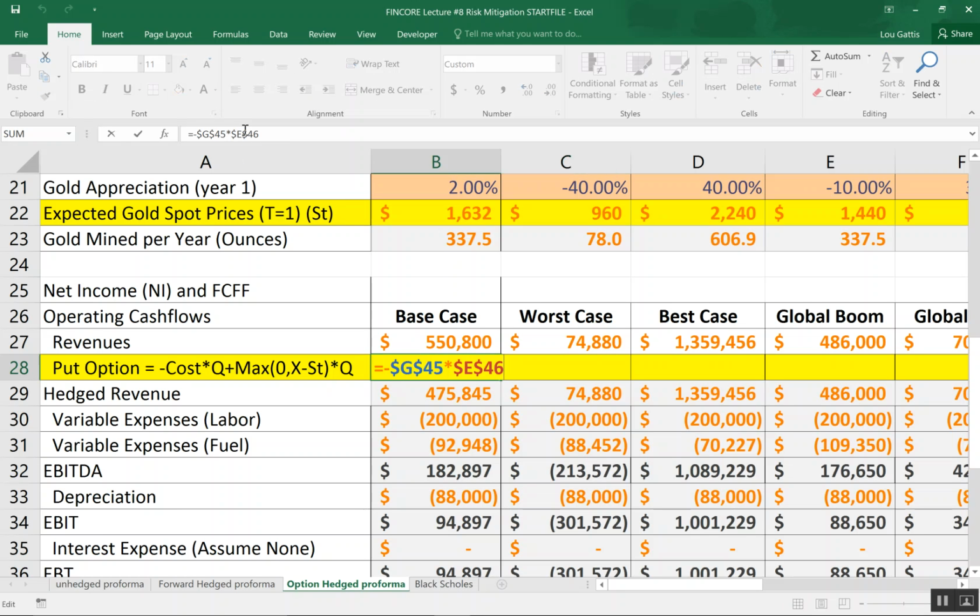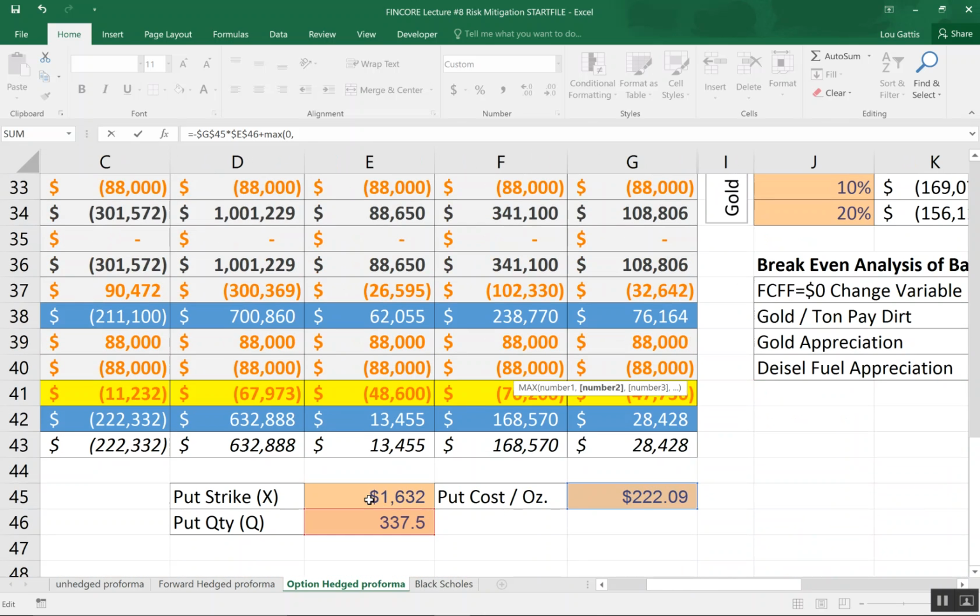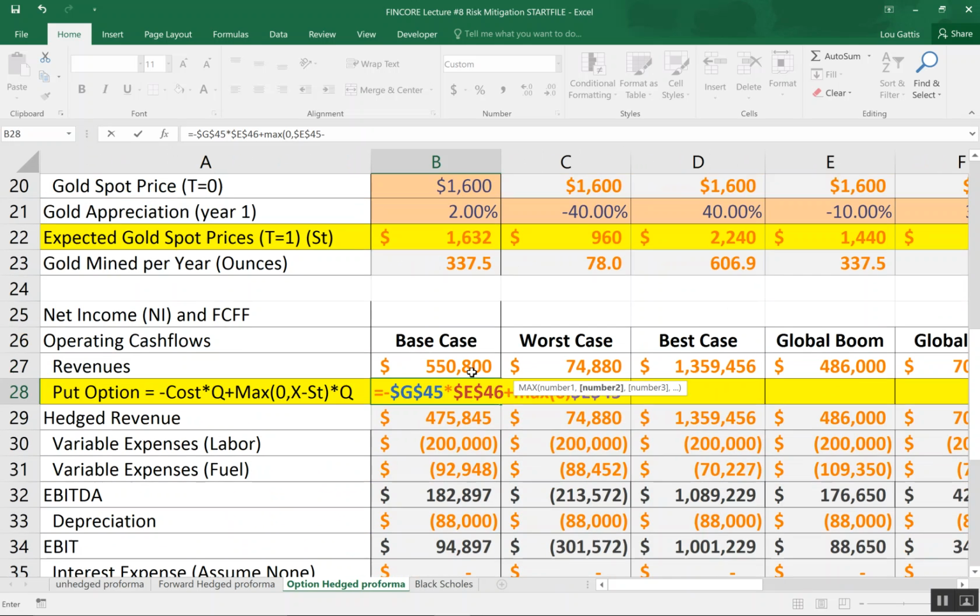However, let's calculate the payoff of the option. That's just the cost. So we'll say the max of zero, because you can't lose money. So it's the maximum of zero versus the payoff, because if the payoff turns out to be negative, you walk away. So the payoff is the strike, anchor that, minus whatever gold prices turn out to be.